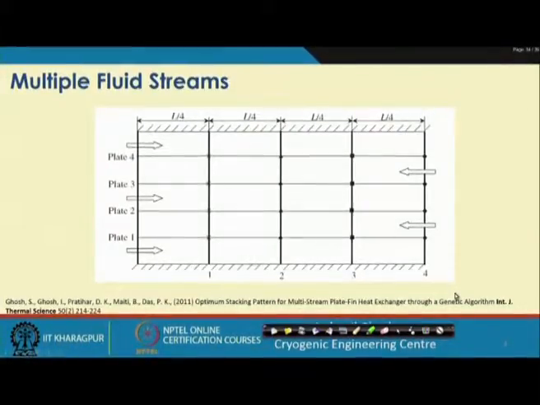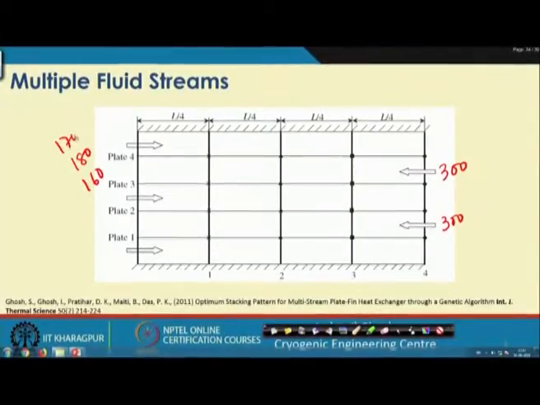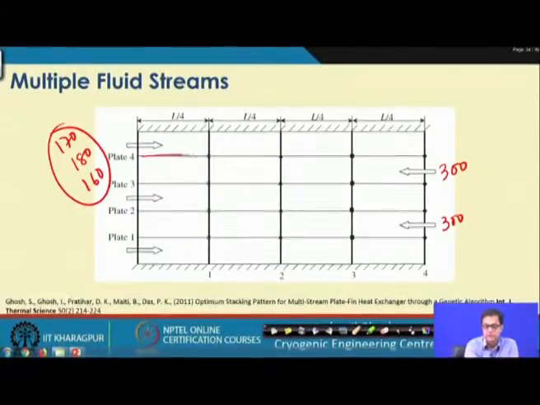So, as you can understand, we have 2 hot fluids, entering at 300 and 300, and the other 3 were entering at say 180, 160 and 170. So, like this we had this arrangement of the fluid streams, and then we had the separating plates.